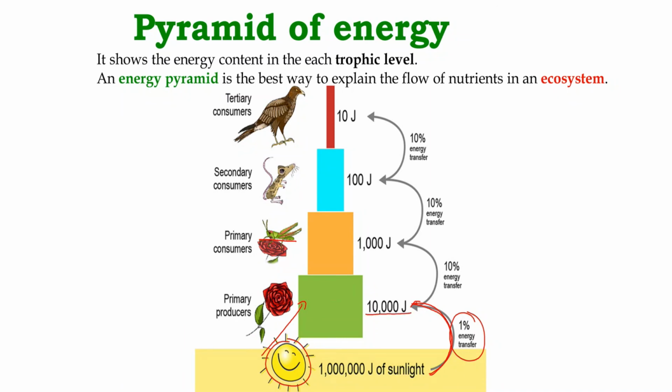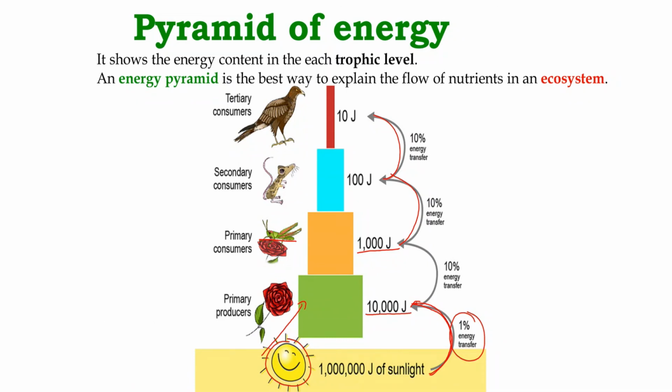So 10,000 joules of energy captured by plants, only 1,000 is transferred to the next level, only 10%, then 10%, then 10%.